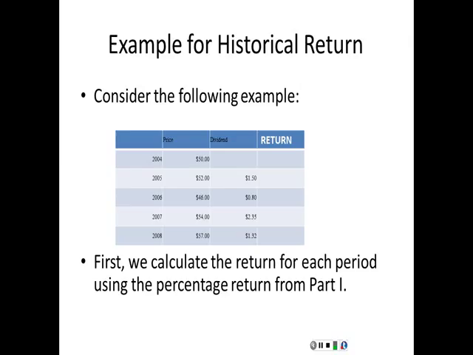We're going to do this one year at a time. So we'll have a return for 2005, 2006, 2007, 2008. Notice we'll have 4 returns here. We've got 5 years of data, but for the first return, we need the beginning of the year as the starting point.